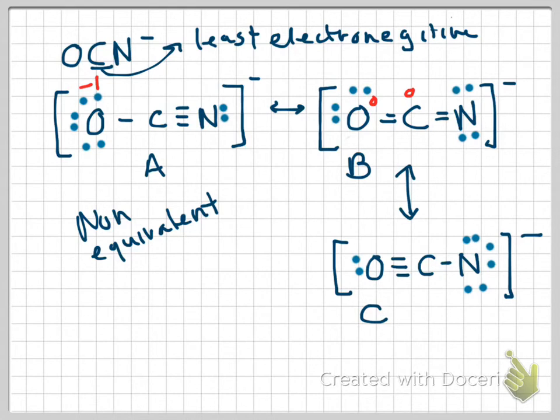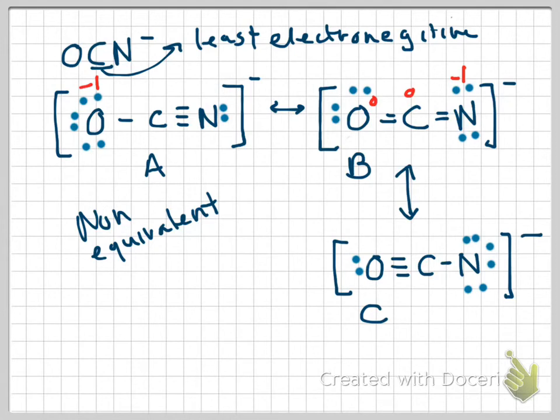And then the nitrogen here is 5 minus 2 minus 4. And so the nitrogen has the -1 charge on it. And again, that does add up to -1, so that's good.